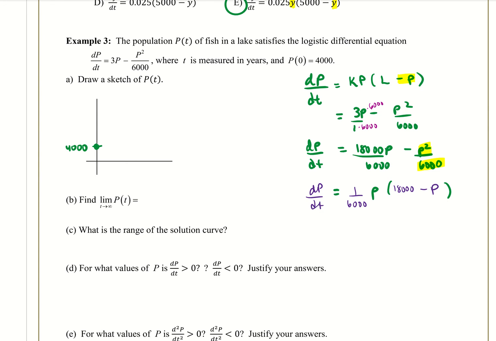My carrying capacity then is 18,000. So whatever, maybe that's 8,000, 12,000, 16,000, 20,000. So my carrying capacity, L, is at 18,000.